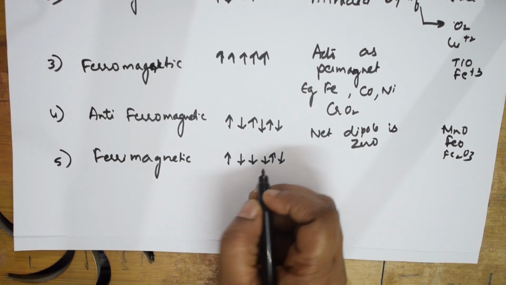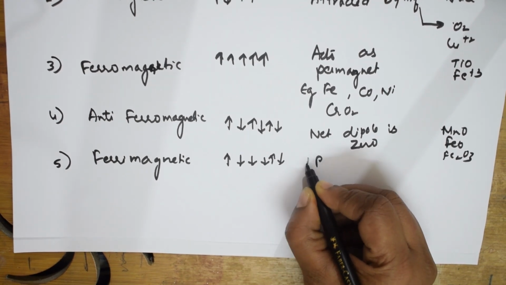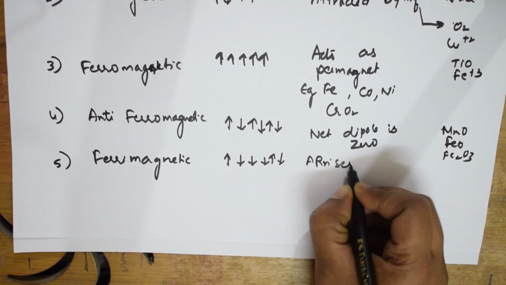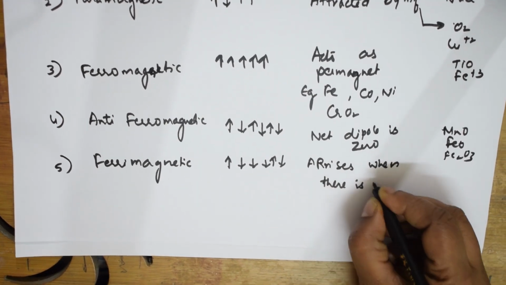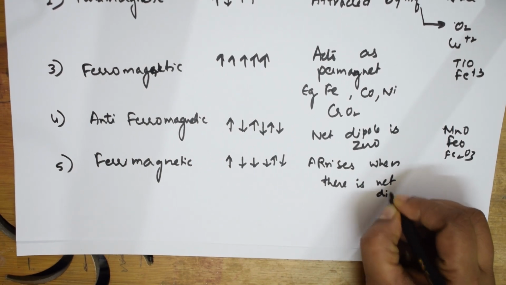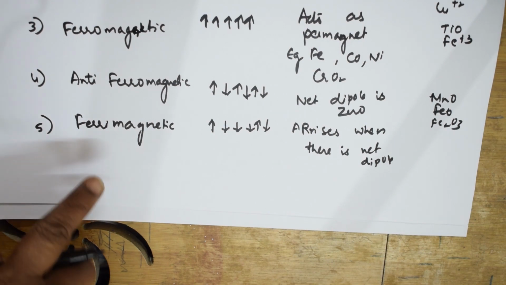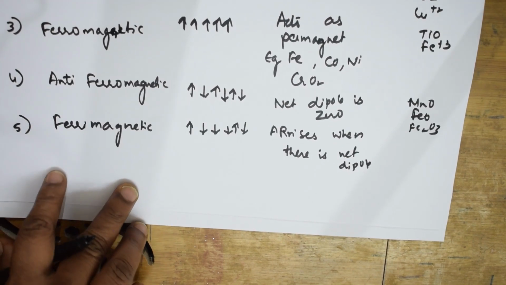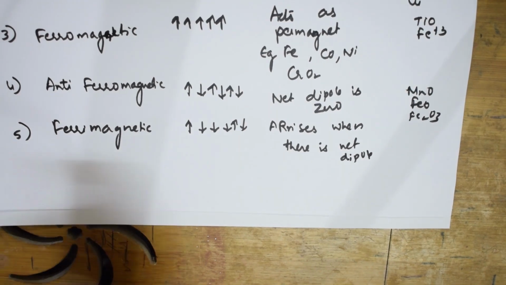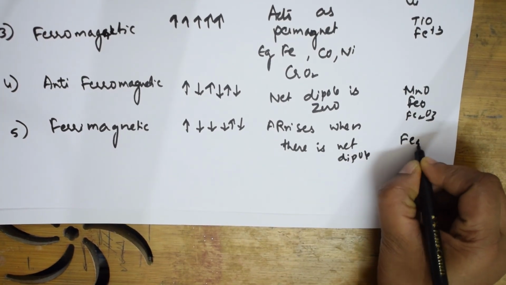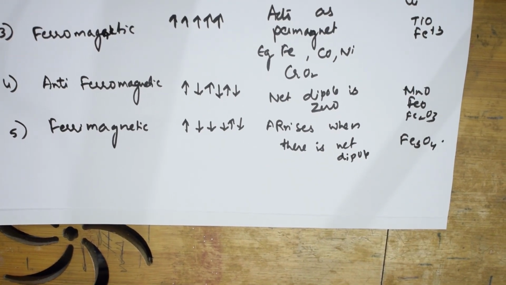When there is a net dipole moment, ferrimagnetic is observed. Right, students? What is an example which you can remember for the exam? You can write, the best example is Fe3O4.